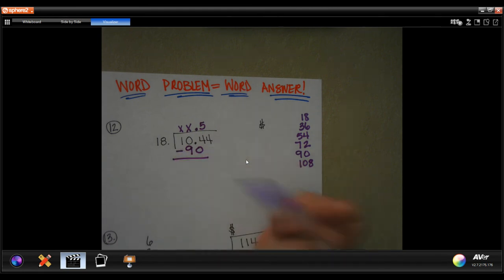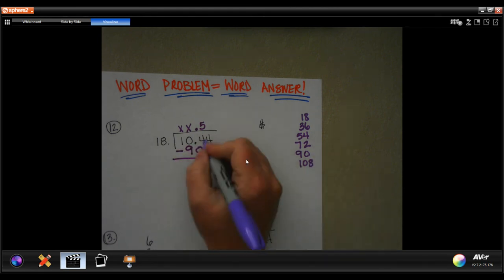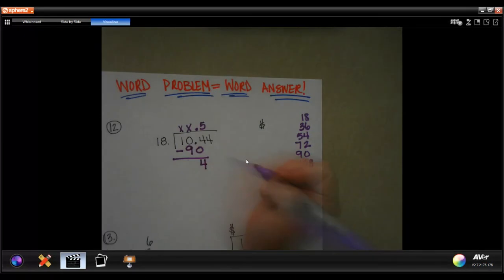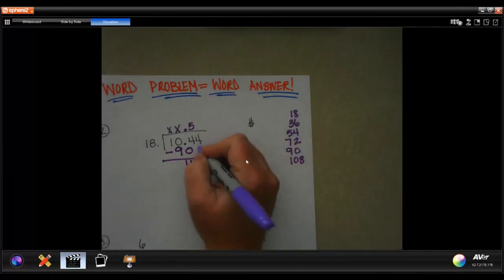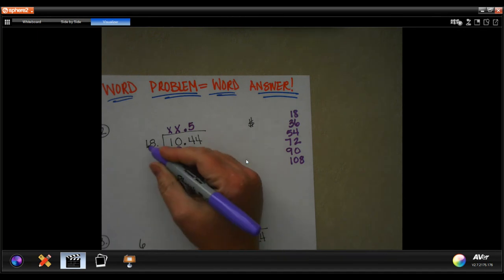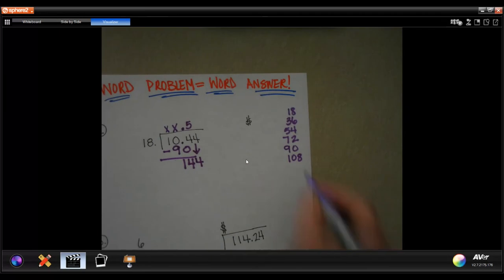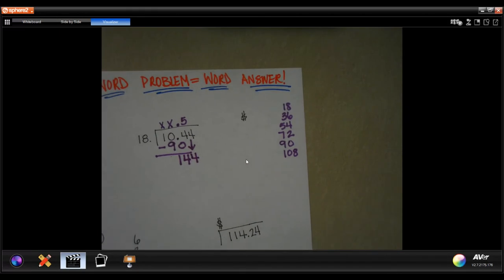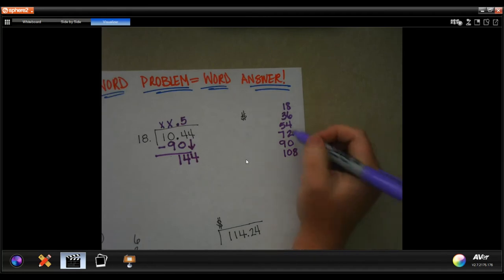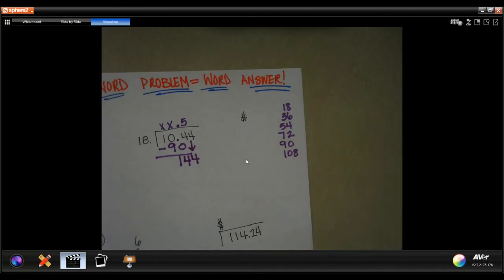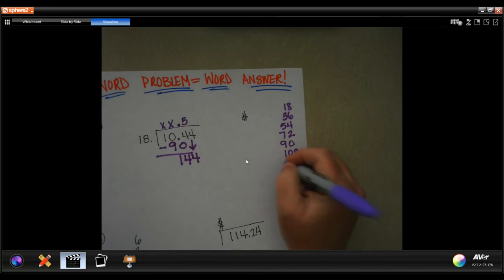Okay, when we subtract, 4 minus 0 is 4, and 10 minus 9 is 1, okay? 14 is smaller than 18. Bring down my 4, okay? Oh, I might actually have to keep going here, huh? Okay. So 1, 2, 3, 4, 5, 6. 18 times 7, 126.